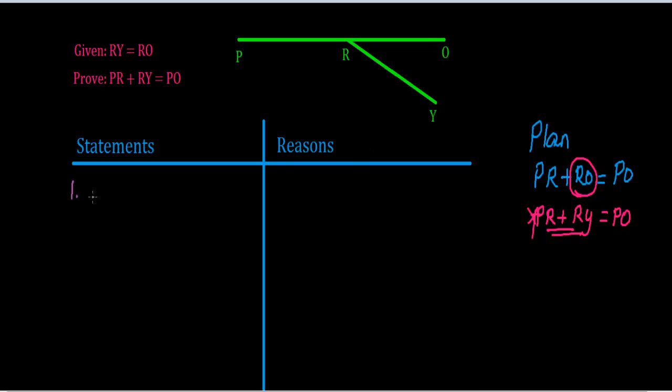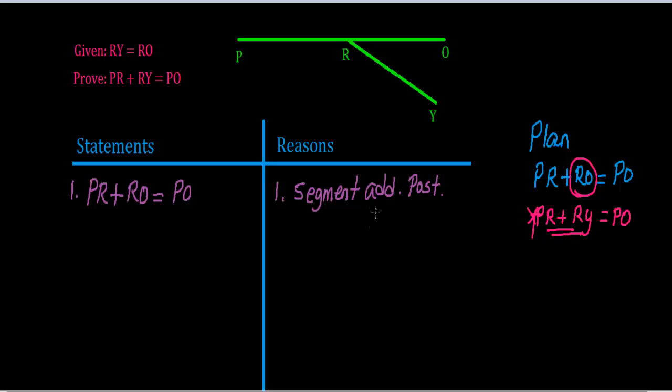So I'm going to go ahead and write PR plus RO is equal to PO. And the reason I can say this, what's the evidence? What's a valid reason for me to say something like I've just stated in the statement column? Well, the valid reason is the segment addition postulate. And I already said what the segment addition postulate says.